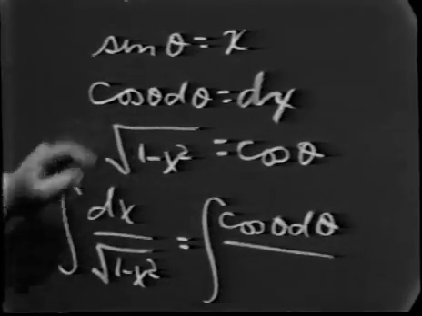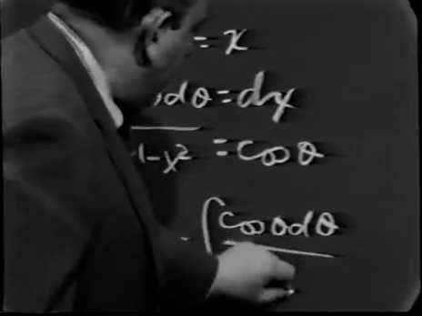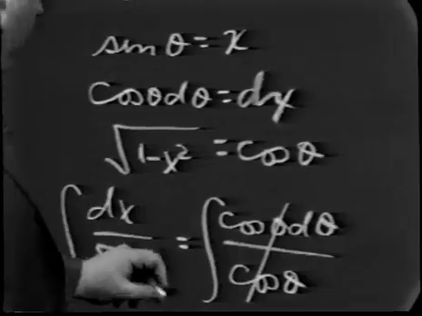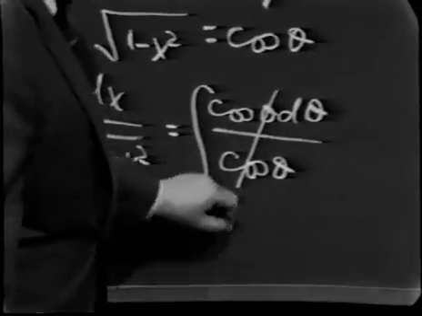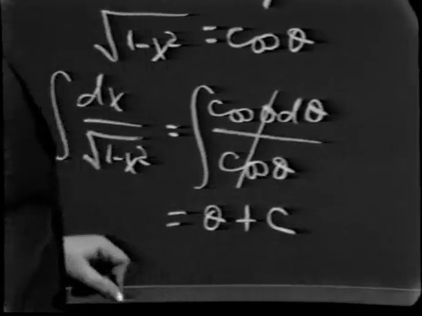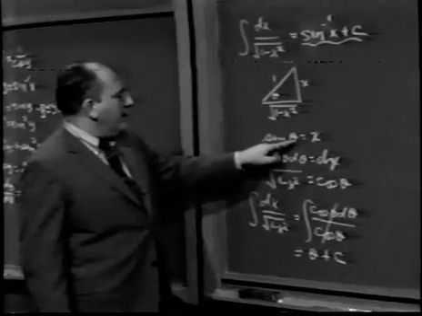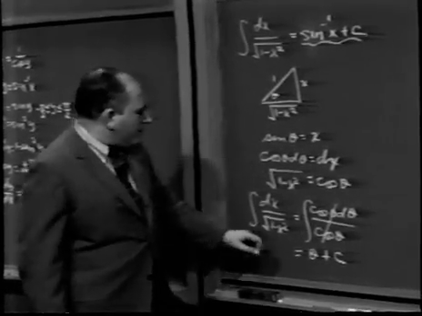The square root of 1 minus x squared becomes replaced by cosine theta. These cancel. The integral then turns out to be what? The integral of d theta is theta plus a constant, but what was theta? Sine theta was x, so theta is the number whose sine is x.